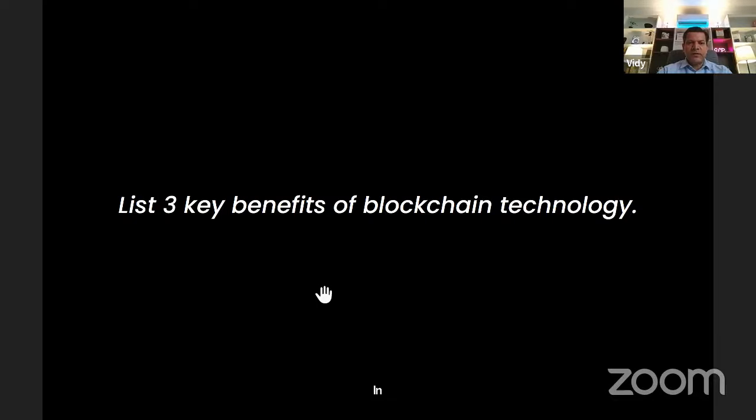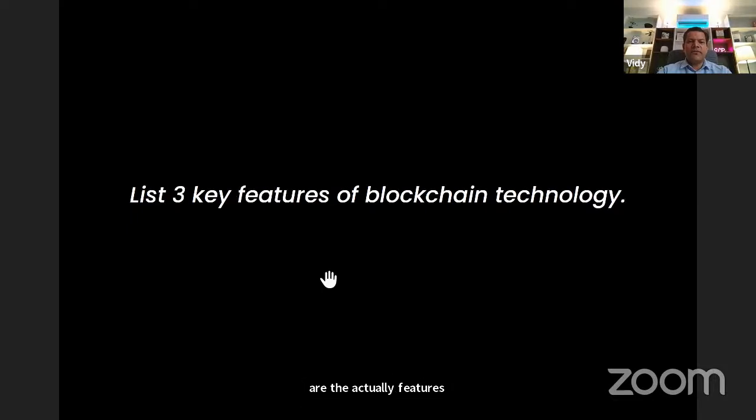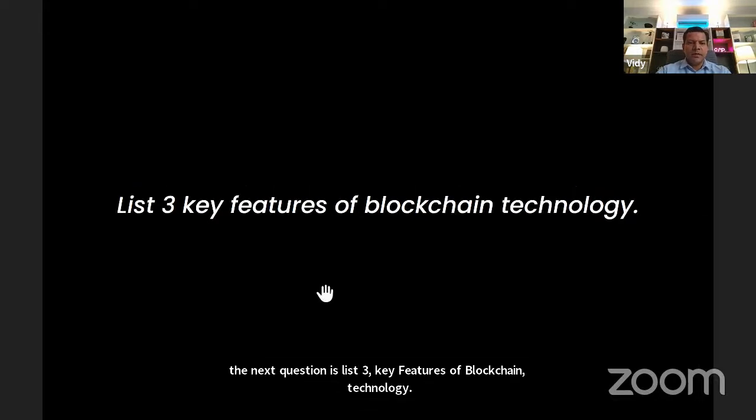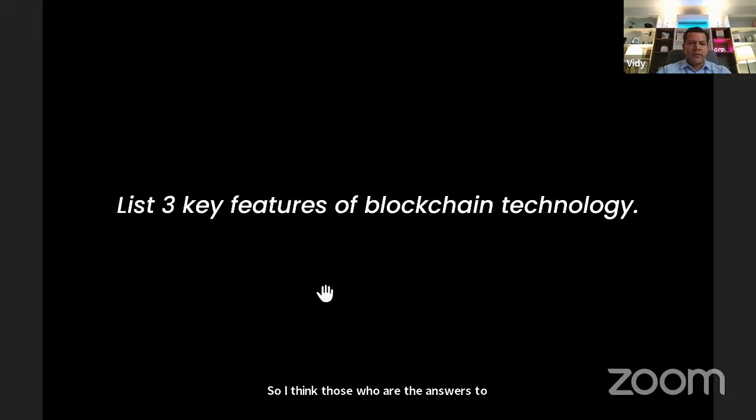These are actually the features. Okay. The next question is list 3 key features of blockchain technology. So I think those were the answers to that. Key features: immutability, traceability, and collaboration are the 3 features.